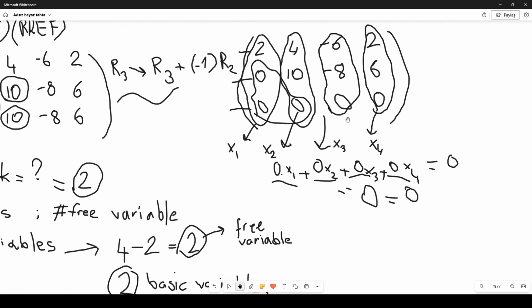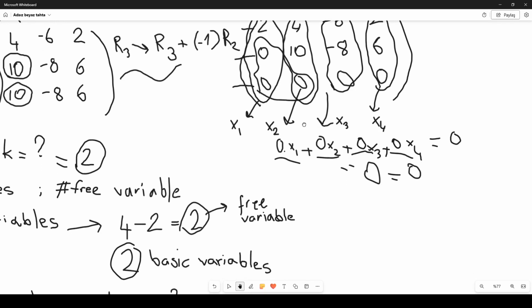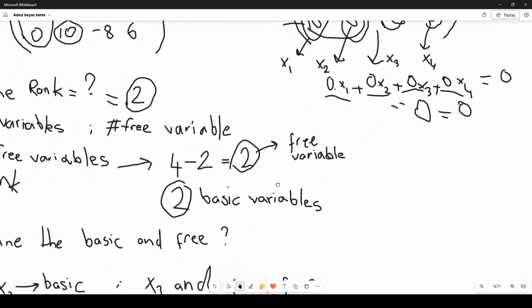In the last row, I have no chance because 0 is equal to 0, so there would be no coefficient for the unknown variables. But in the second row, you see what we have: 10, minus 8, and 6.